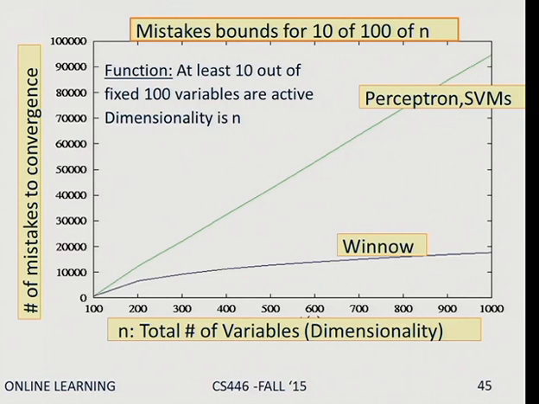For example, all the negative examples are going to have 9 on bits out of this 100, and all the positive examples will have 11. That's one option, right? So the positive and negative examples are very close together. It's going to be hard to learn.